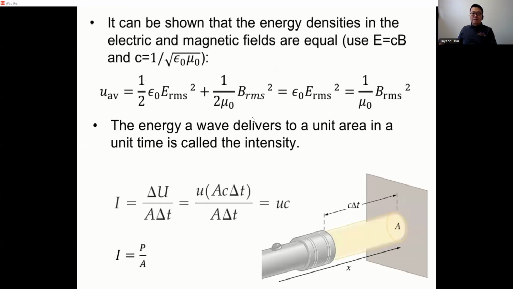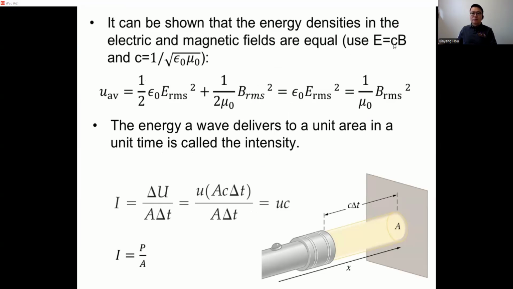Because an electromagnetic wave is a sine function, the E field is a sine or cosine function, and the B field is also a sine or cosine function. So the average energy density would be 1/2 epsilon naught times the RMS electric field squared, plus, for the B field, the RMS magnitude of B squared.